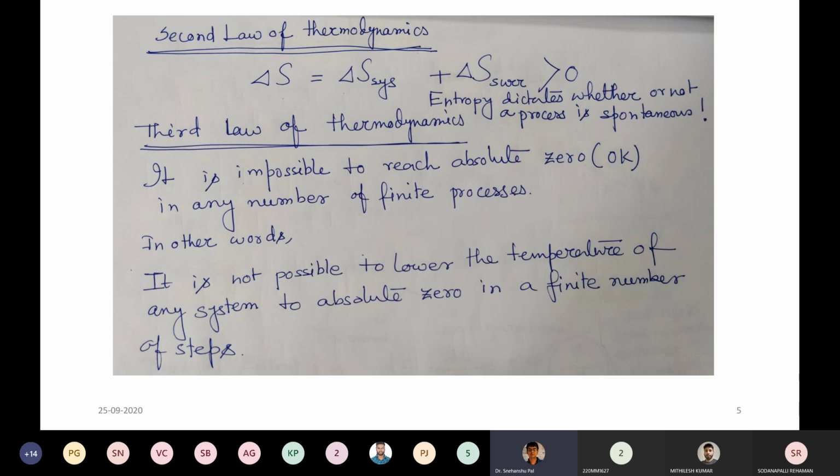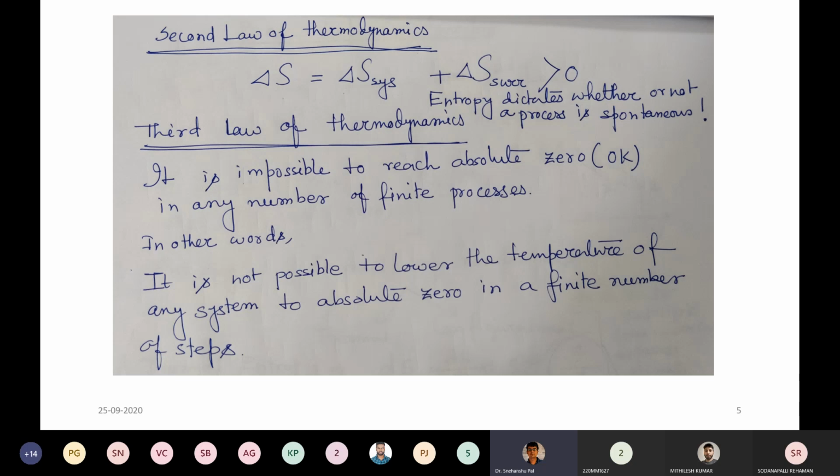Next is the third law of thermodynamics. It tells that it is impossible to reach absolute zero Kelvin in any finite number of processes. Or in other words, it is not possible to lower the temperature of any system to absolute zero in a finite number of steps.